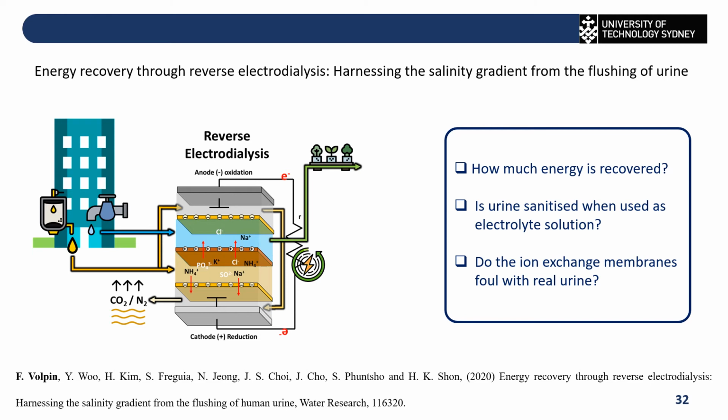How much energy can be recovered from this urine? Is urine sanitized when used as an electrolyte solution? Do the ion exchange membranes foul with real urine? Also, this study was published in Water Research just a couple of months ago.